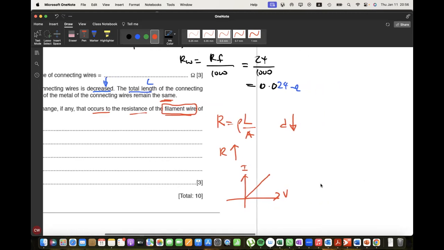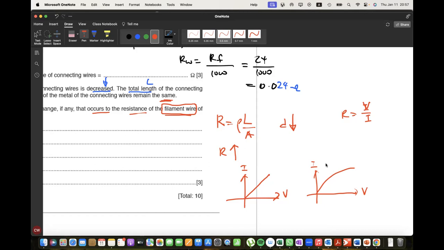Now if for a lamp, how does the graph look like? R is V over I. I over V, potential. The graph will look this way, right?